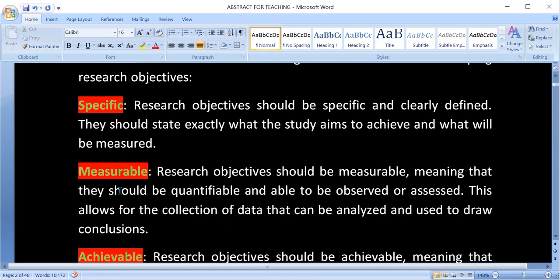Next, measurable. Research objectives should be measurable, meaning that they should be quantifiable and able to be observed or assessed. This allows for collection of data that can be analyzed and used to draw conclusions.